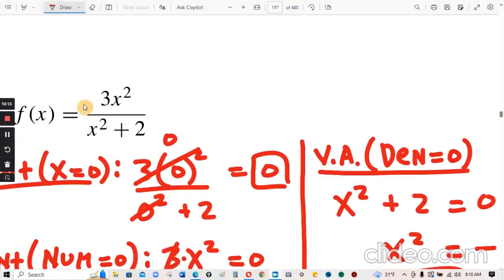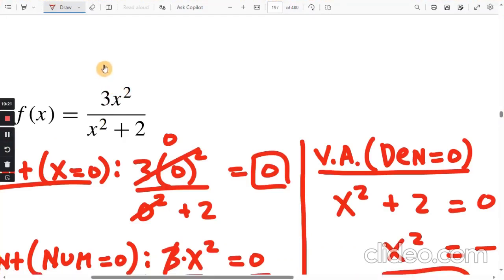All right, for leading coefficient, you go to the highest exponent. There's only one exponent here, and the coefficient on the x squared is a 3. And on the bottom, the highest exponent is x squared. There are no other x's, and the coefficient on the x squared is 1. So this leading coefficient is a 3, and this leading coefficient is a 1.